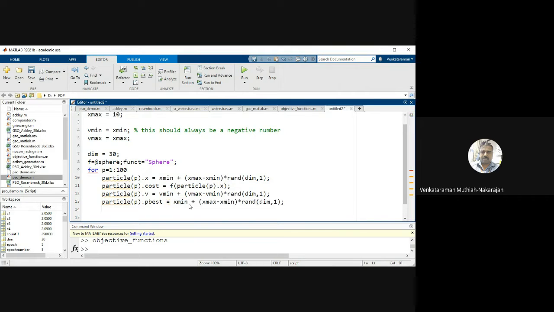Since the personal best will have a different cost, the evaluation of X will be different. So we have to initialize the costs as well. I'm indicating, see, this is P best, the vector, and the next, particle dot cost, is the scalar, the evaluation of the function at that particular point.